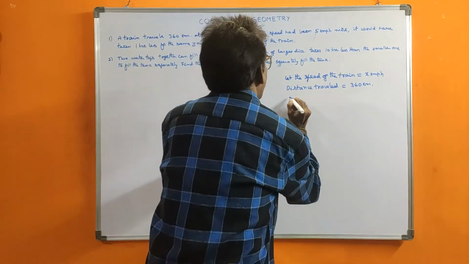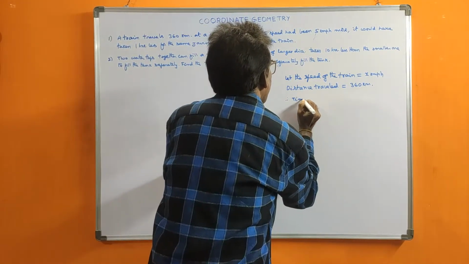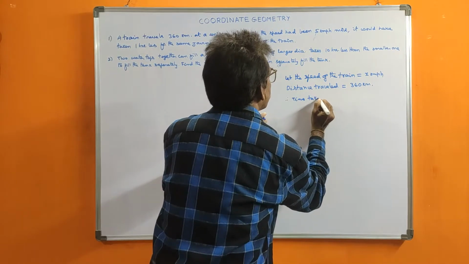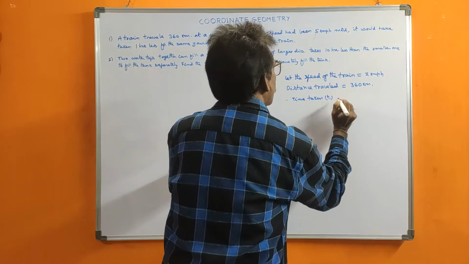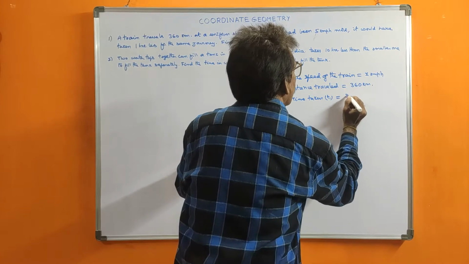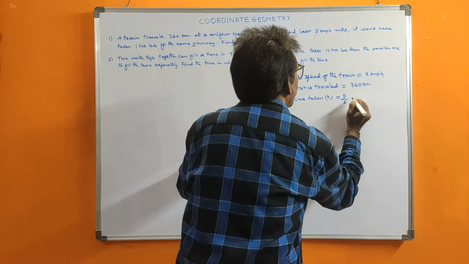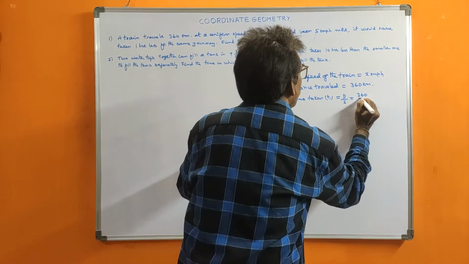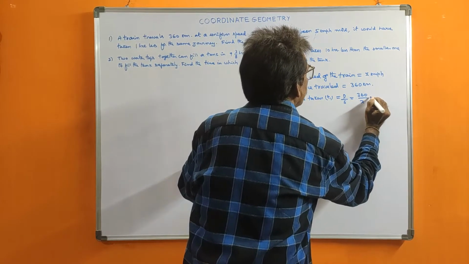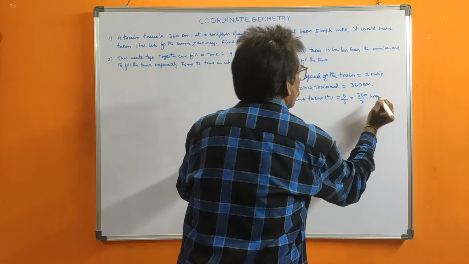Therefore the time taken in this situation, the first time t1, is equal to distance by speed. So distance is 360 by speed x. This is the time in hours.